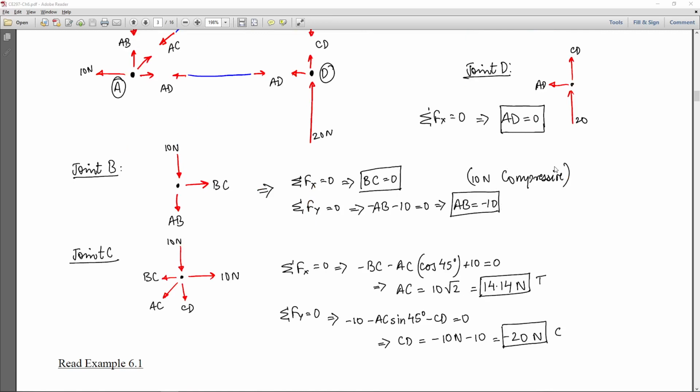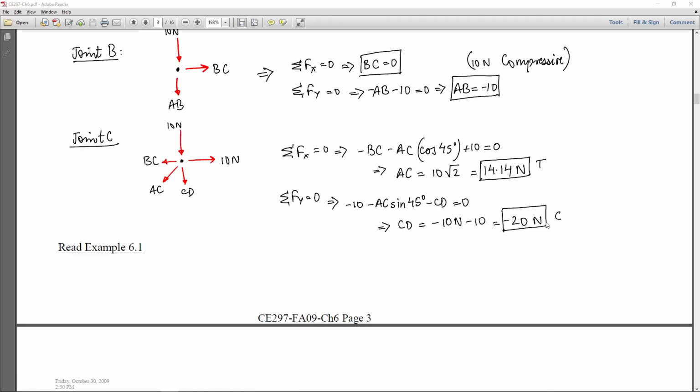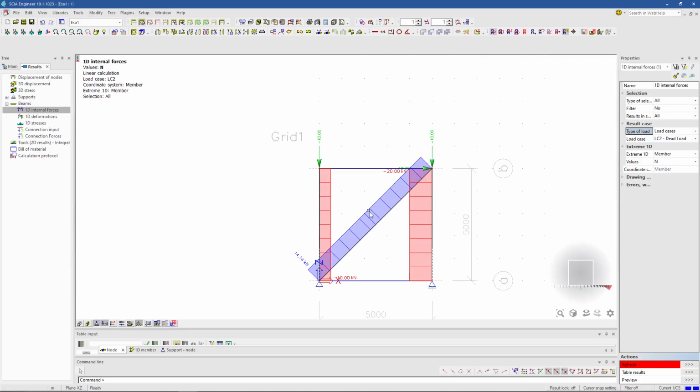So minus 10 compression, positive tension, minus 20 compression.